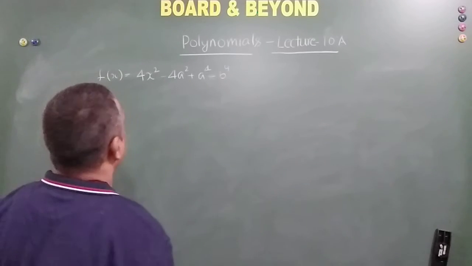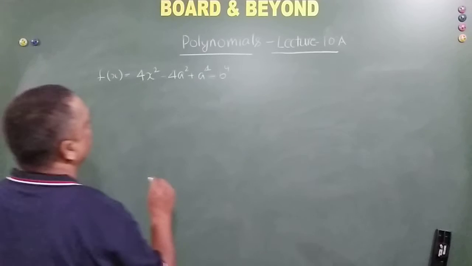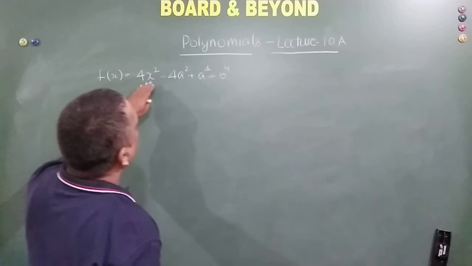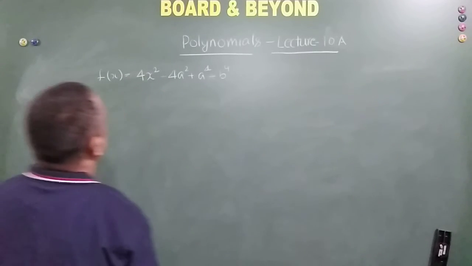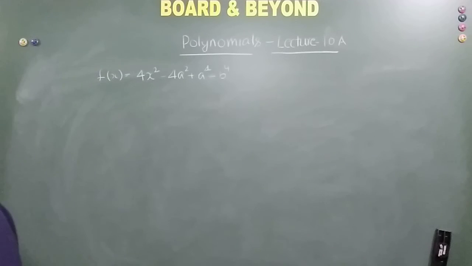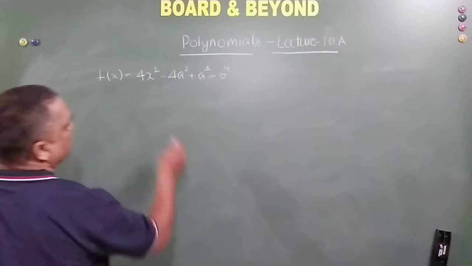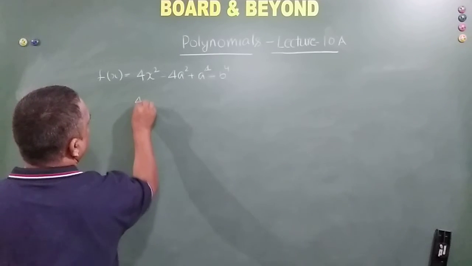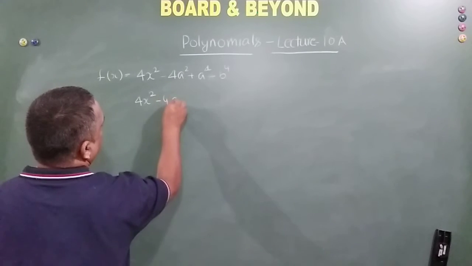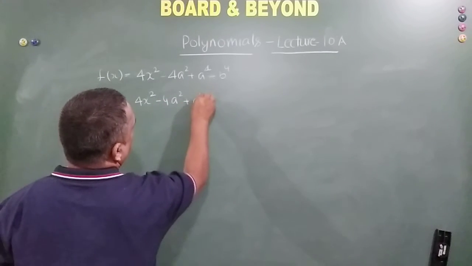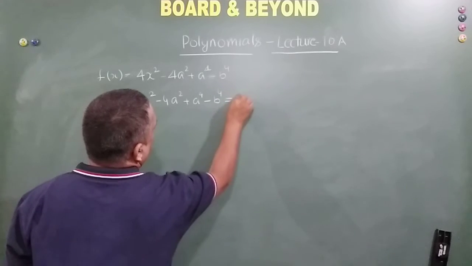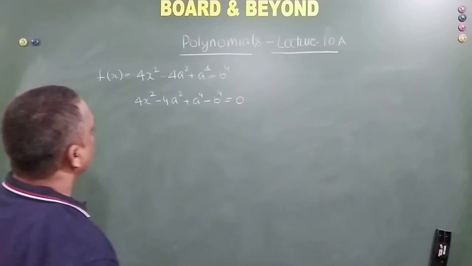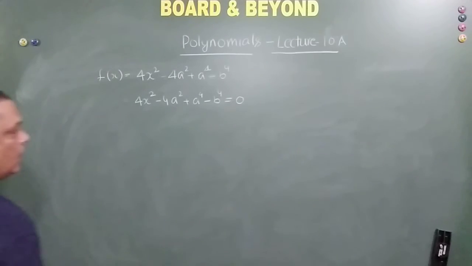Now we try to solve it out. How do we go about it? We are expected to find the roots, right? So for that we equate it to 0. When we are equating it to 0, there is one more method of finding it out.